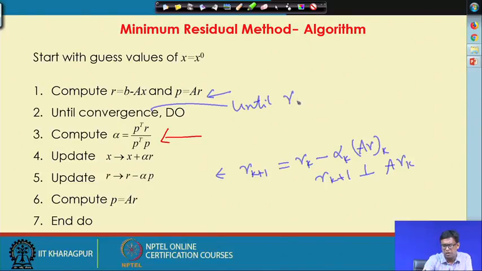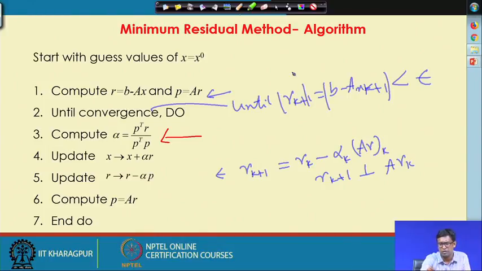Until convergence means until the norm of R k plus 1, equal to b minus A x k plus 1, is less than a very small number; otherwise repeat these steps.